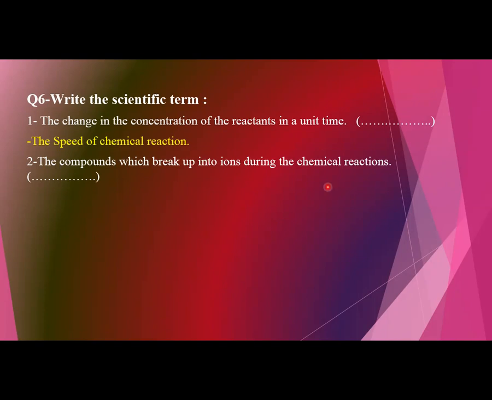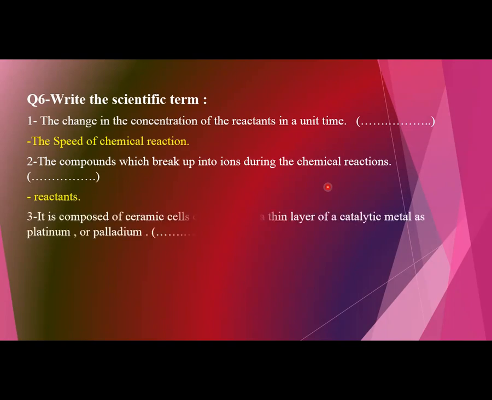Compounds that break up must be at the beginning. At the beginning, what are they called? They are called reactants. Okay? It is composed of a ceramic cell covered with a thin layer of catalytic metal such as platinum or palladium. Of course, this is the catalytic converter found in modern cars.